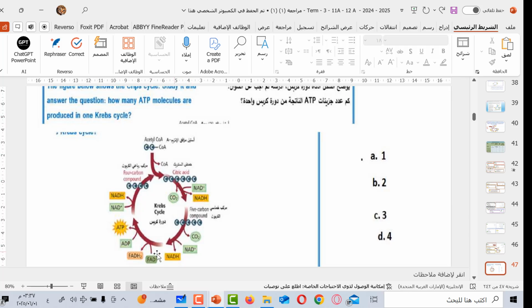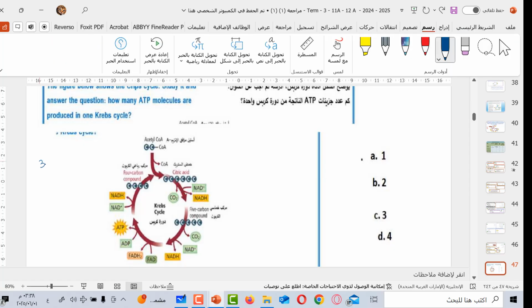One Krebs cycle, it means how many NADH? 1, 2, 3. Okay, you have 3. If we write here, 3 NADH, and 1 FADH2, and 1 ATP.